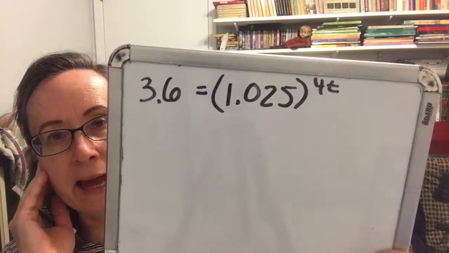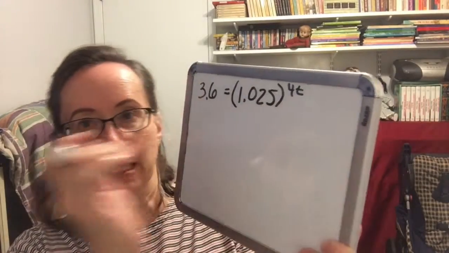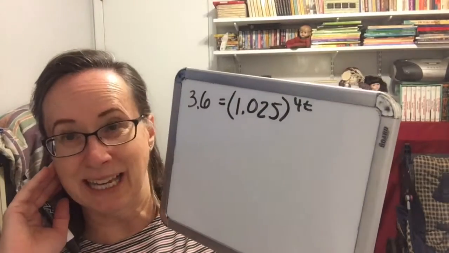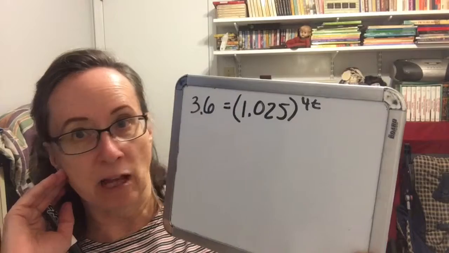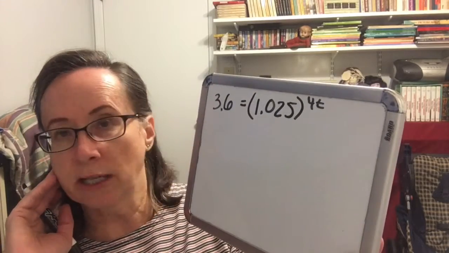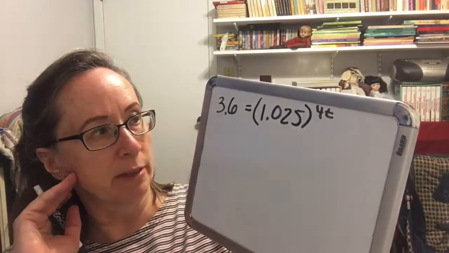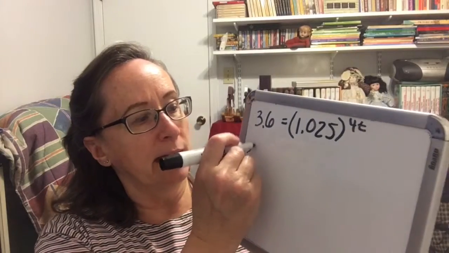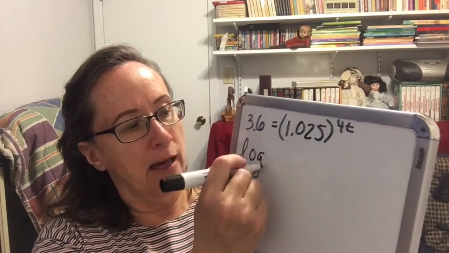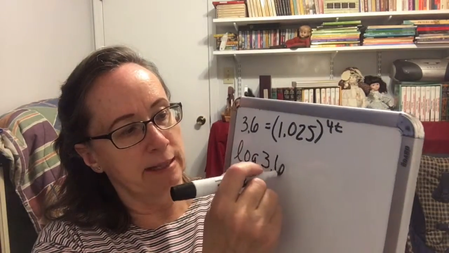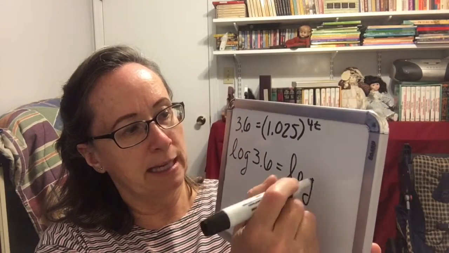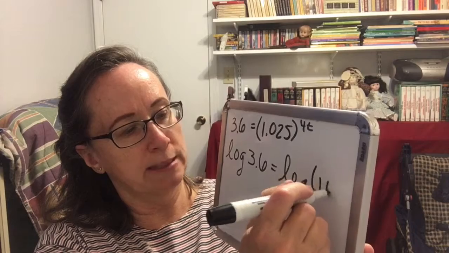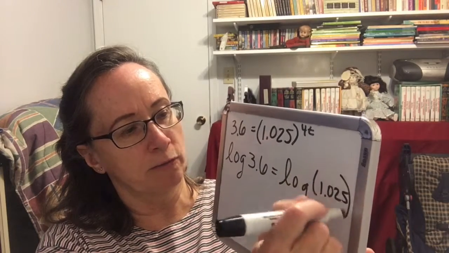So now I have a base and my exponent is over there, so I'm going to take a log of both sides. And in this one, there's no reason to take a log base e, so I'm just going to take a log base 10 and use common logs. So I'm going to get log base 10 of 3.6 is log base 10 of 1.025 to the 4t.